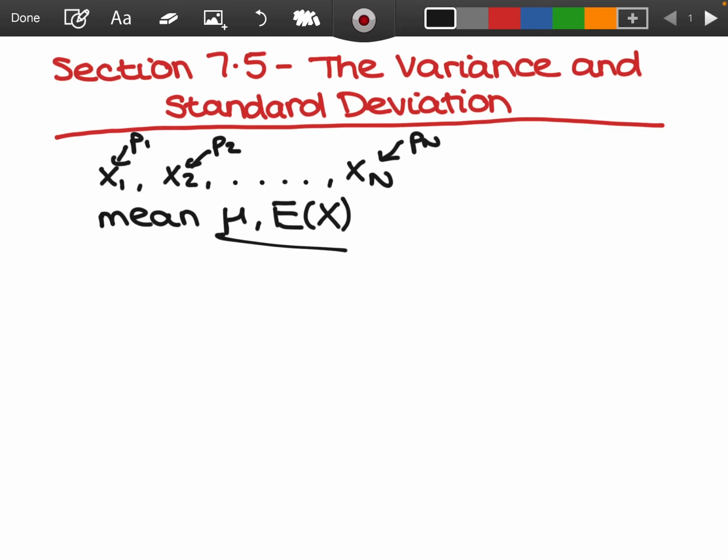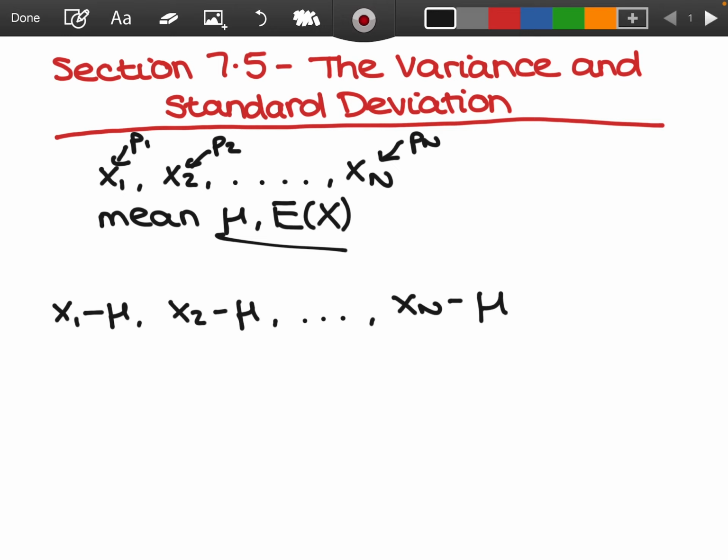Then we're looking at the distance of each of these outcomes in my data. I'm looking at the distance between that and the mean. That is what the variance is a measurement of. So naturally, we'd look at the difference between each data point and the mean.